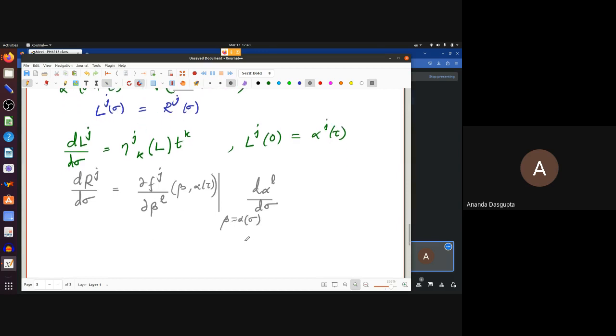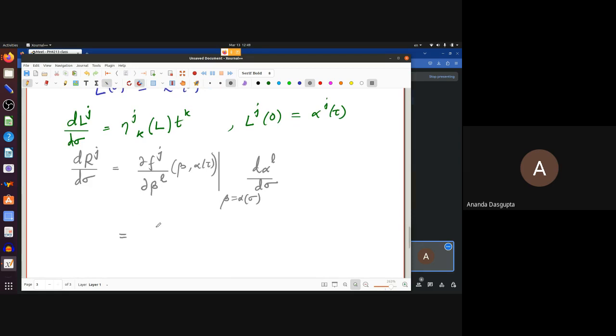So what is this quantity? Well, this is just chain rule, right? And now I have to apply the chain rule. What is this quantity going to be? We already know a formula for this: the derivative of the function f at any value of beta.